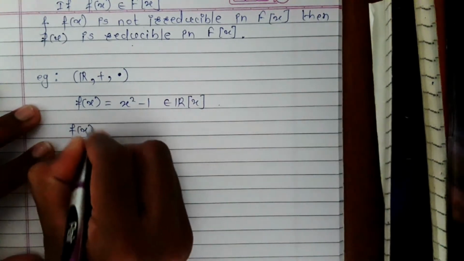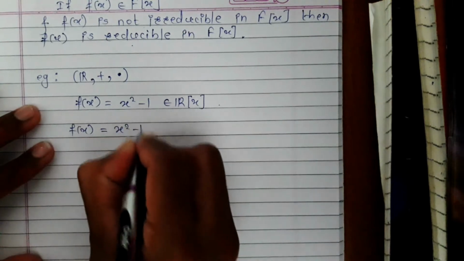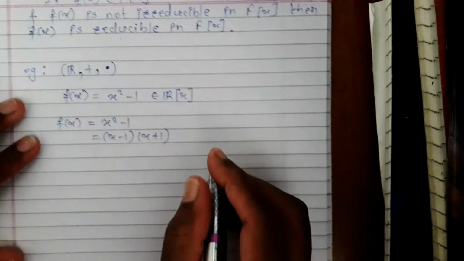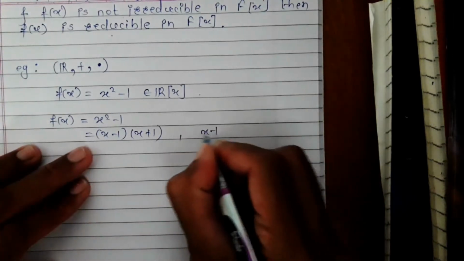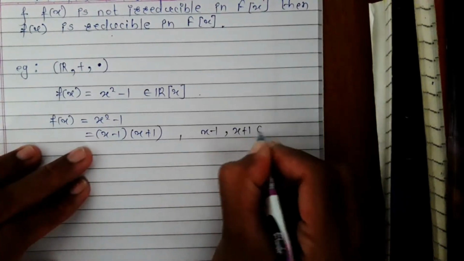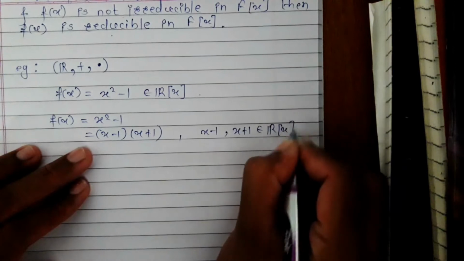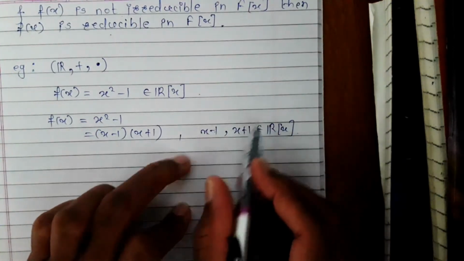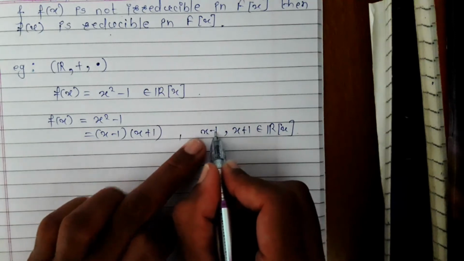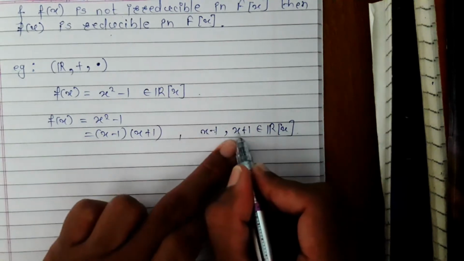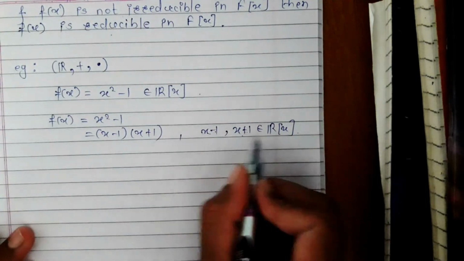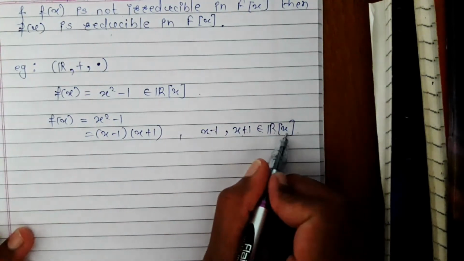But here f(x) can be written as (x minus 1)(x plus 1), where this x minus 1 and x plus 1 belong to polynomial ring R[x], because the coefficients of these polynomials are real numbers. Here 1 and minus 1 are real numbers. Here also 1 and plus 1 are real numbers. So both these polynomials belong to polynomial ring R[x].